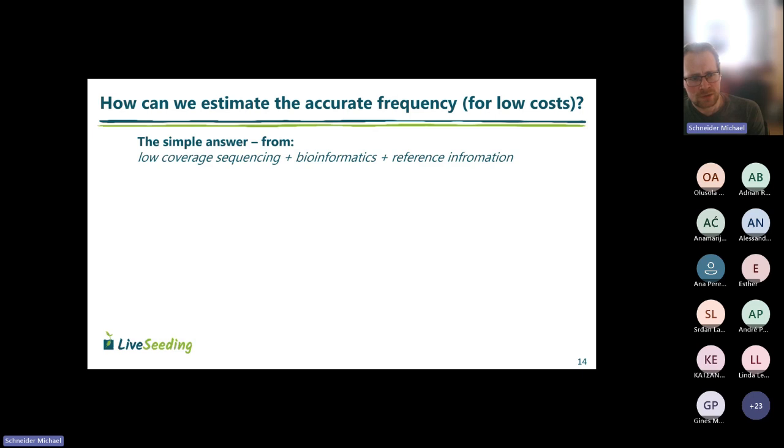So coming back to the presentation, we want to do this for very low costs. The pooling approach already lowers our costs by the number of genotypes we put in the sample, because sequencing 1,000 times, once for each individual, is of course 1,000 times, or let's say 500 times, more costly than doing this for a pooled sample. And we want to go down much further.